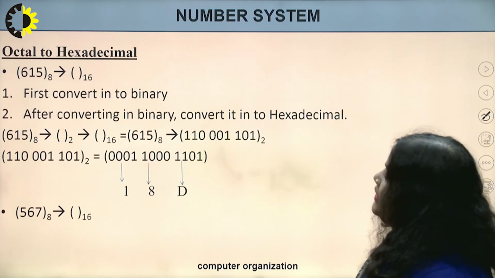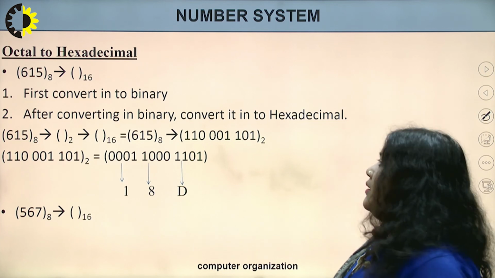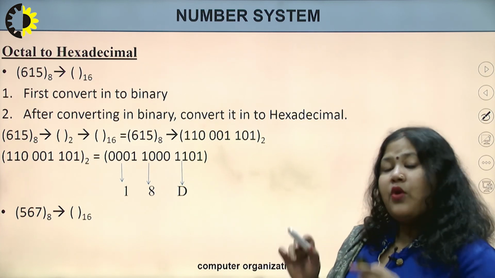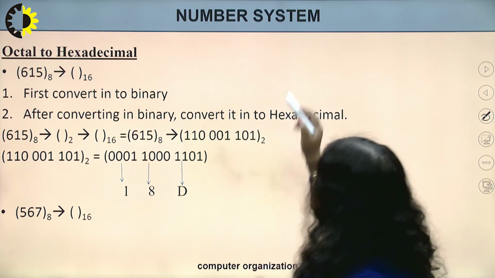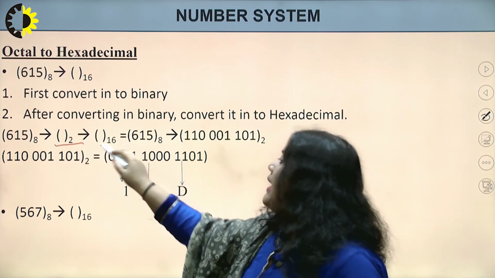Now the next conversion is octal to hexadecimal. When we have to convert any number from octal to hexadecimal, first we convert the number from octal to binary, then binary to hexadecimal. The example is 615. First we convert the number into binary form, then hexadecimal form.